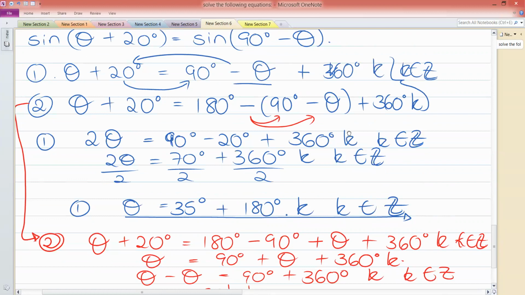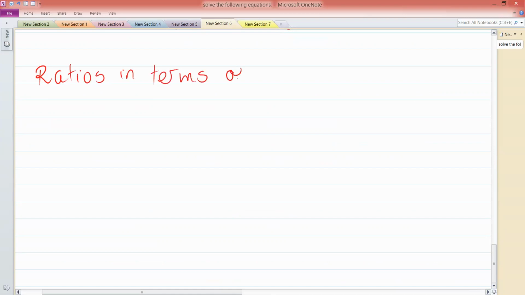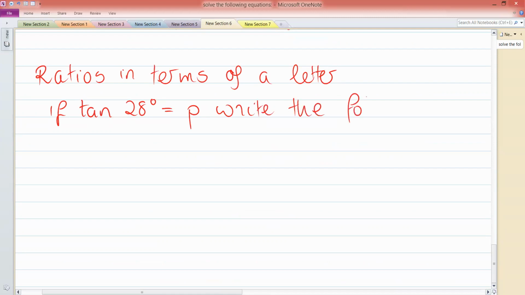All right, now what we're going to do is, in your book, it's called ratios in terms of a letter. So the questions will be like this: if tan 28 degrees is equal to P, write the following in terms of P. What this means is they've given you a triangle basically.